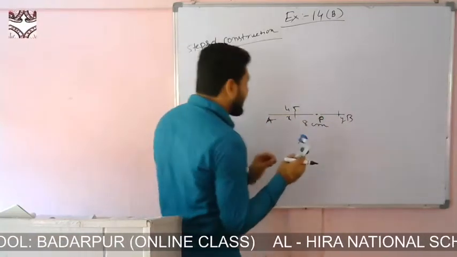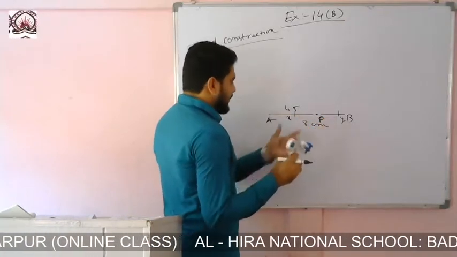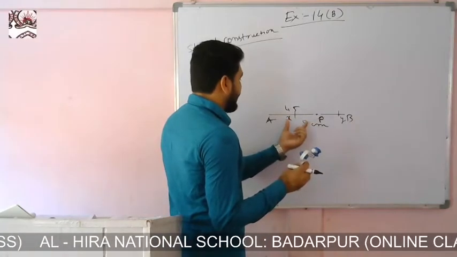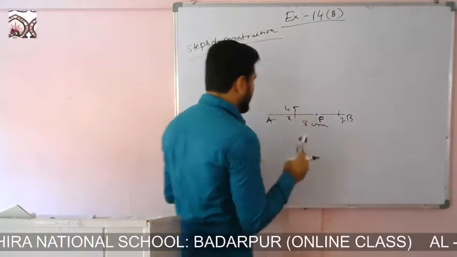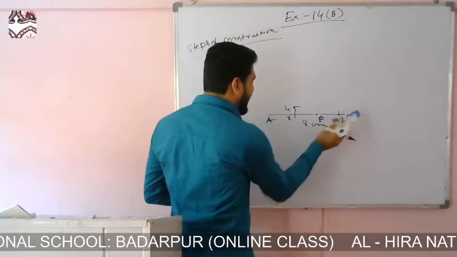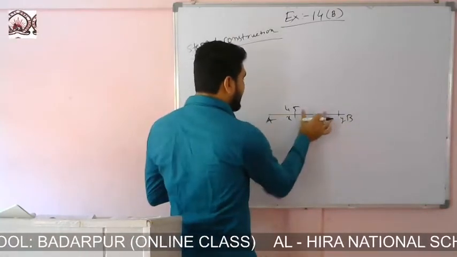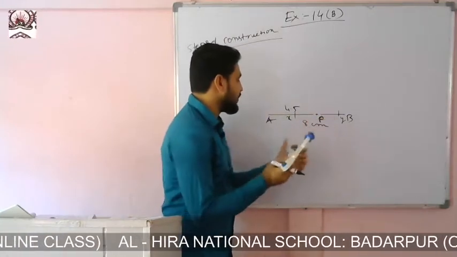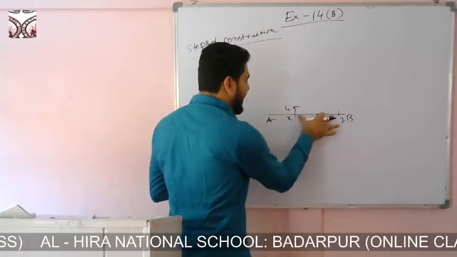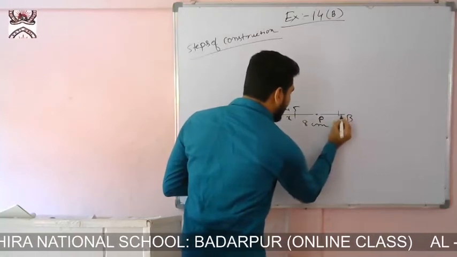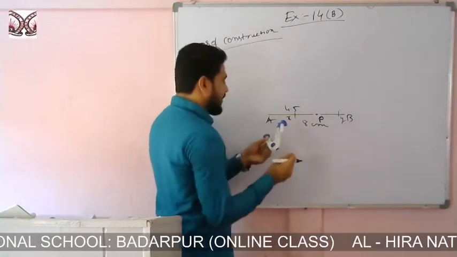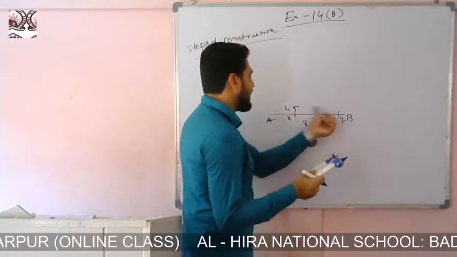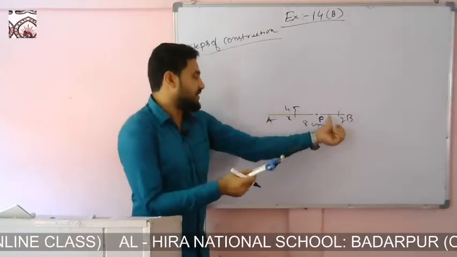After that, from x and y, you take more than half the distance of x and y. Suppose this is the x and y point. Now you change the radius. First you have drawn with the same radius on the right side and the left side.